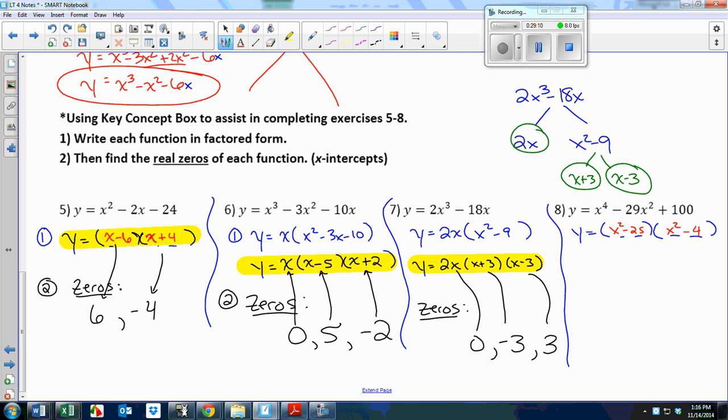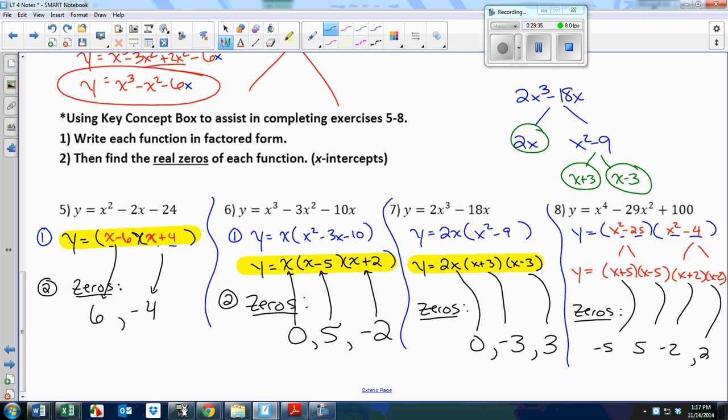Both of which are difference of 2 squares. So your first one factors to x plus 5 times x minus 5, and your second binomial factors to x plus 2, x minus 2. So that's how you get there with the actual factoring technique. And your zeros are negative 5, positive 5, negative 2, positive 2.